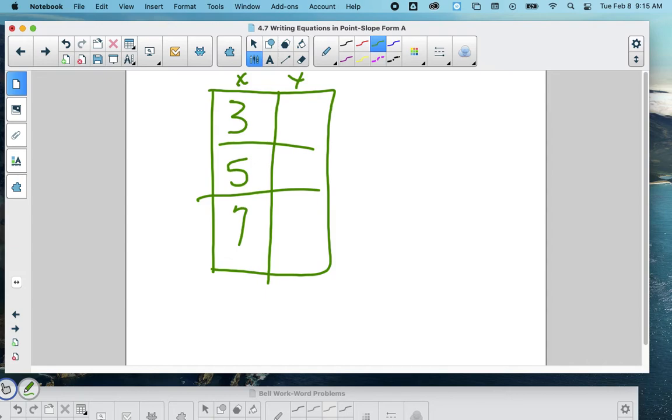And my Y values are 1, -2, -5. And can I write that same equation in slope-intercept form?